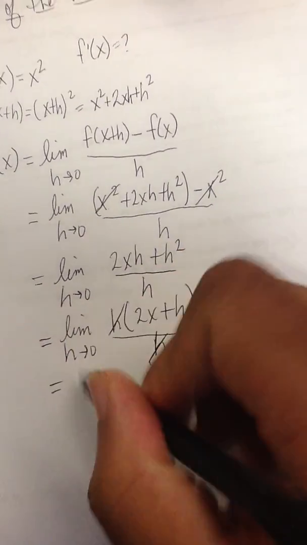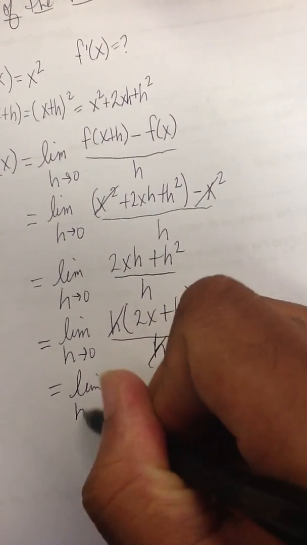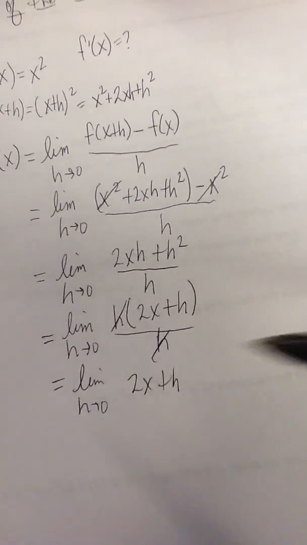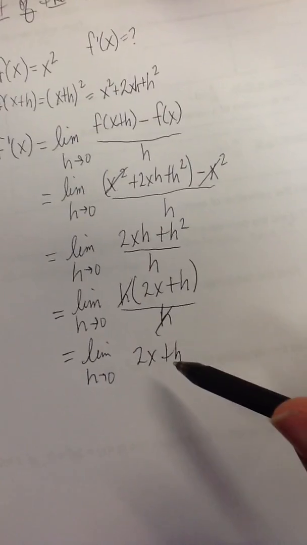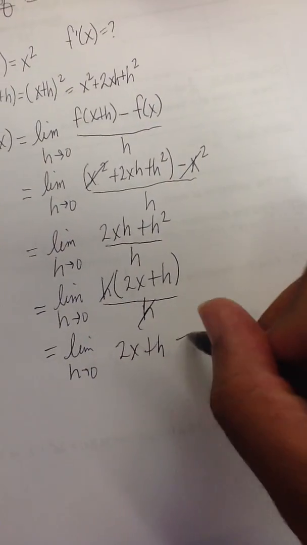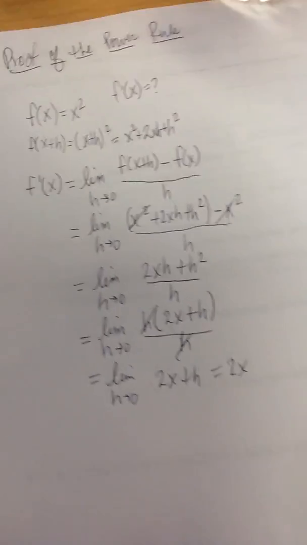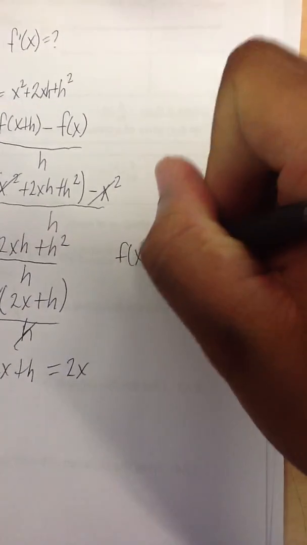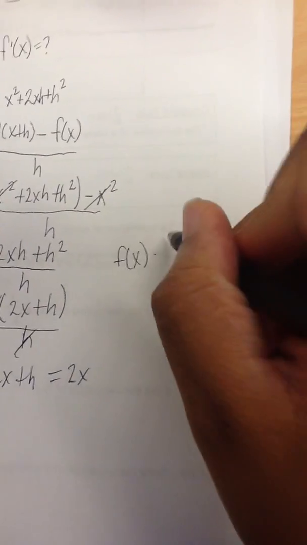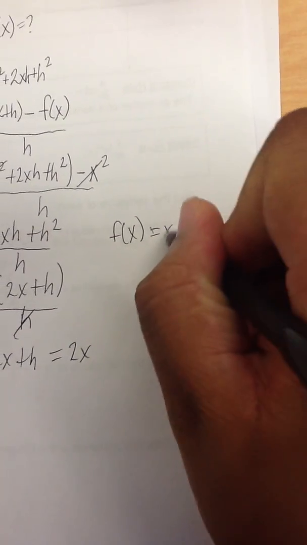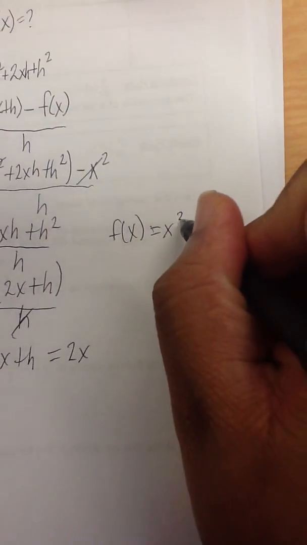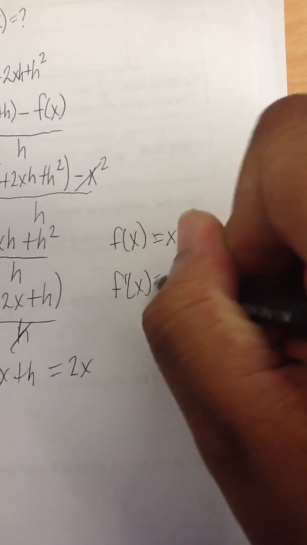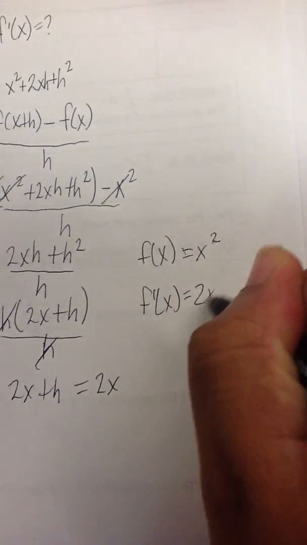So I'm left with the limit as h approaches 0 of 2x plus h. Now I can let h go to 0, and if I do, I get 2x. So looking at what I got, when f of x was equal to x squared, f prime of x was equal to 2x.